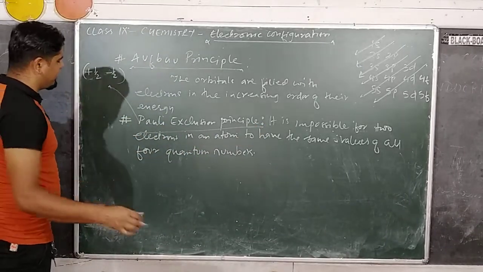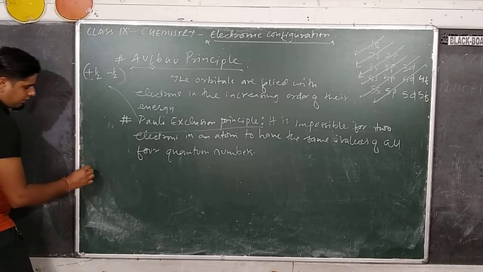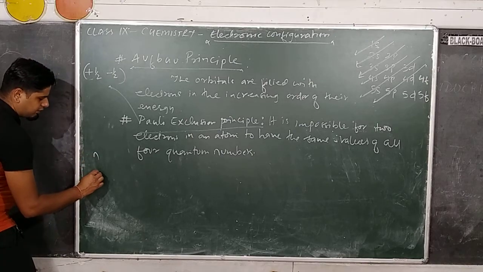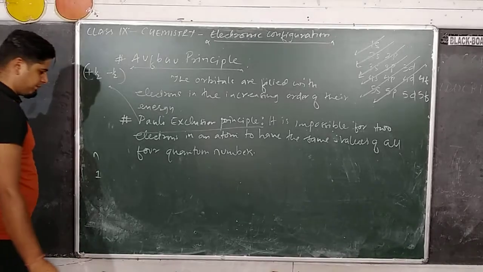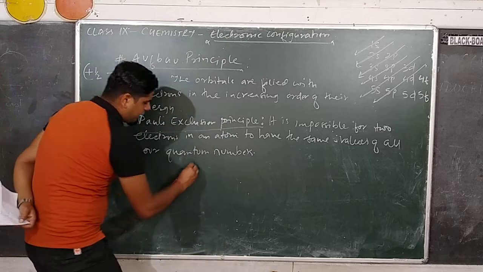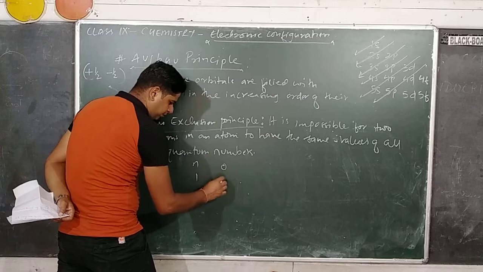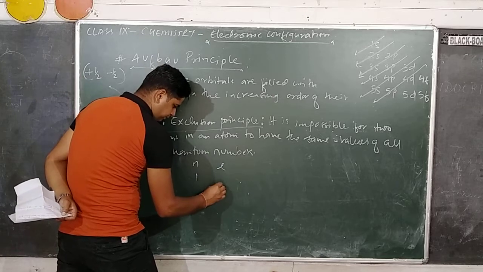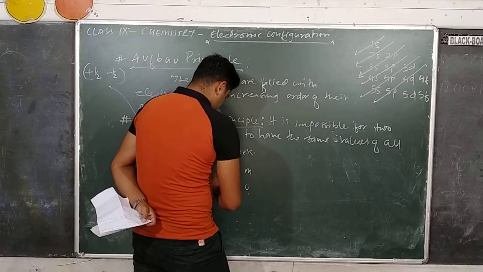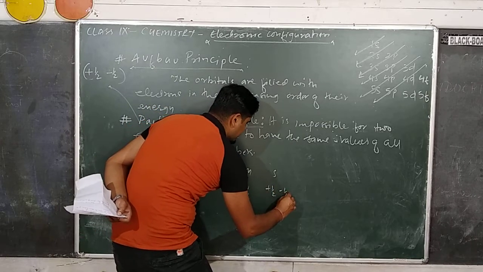For example, if the principal quantum number value is 1, then the azimuthal quantum number l will be 0, m will be 0, and s will be plus half and minus half.